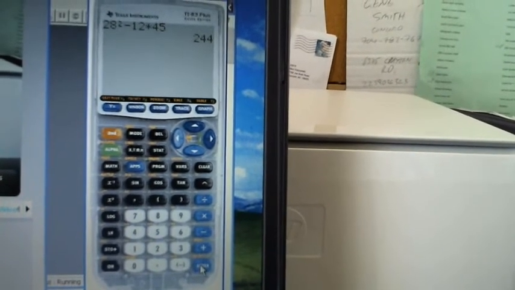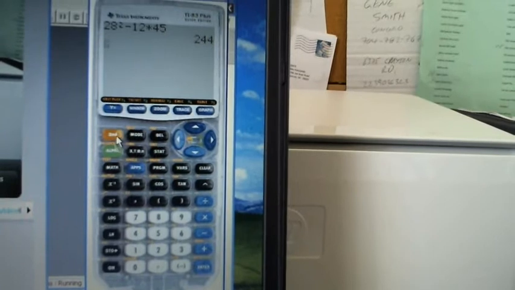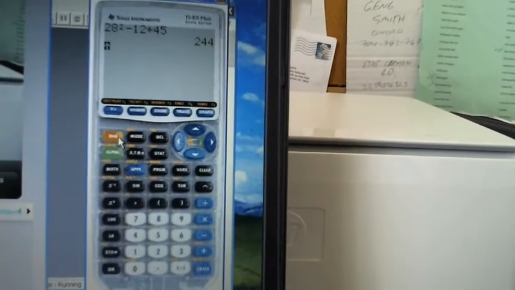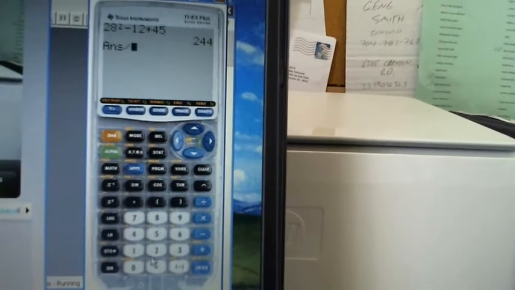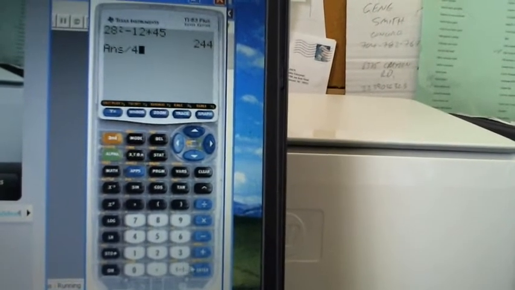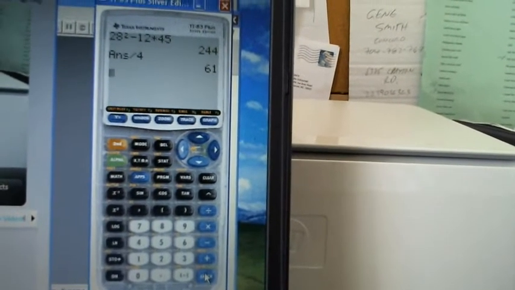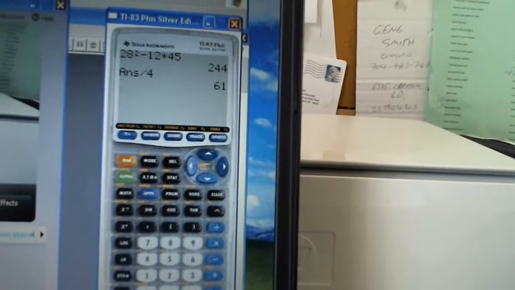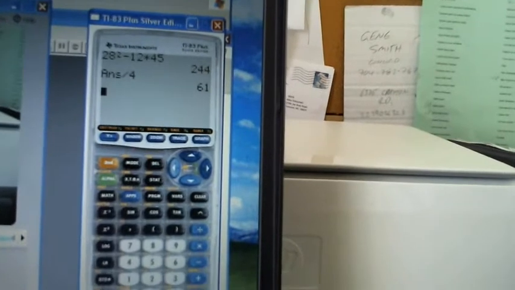That'll be 244. And 244 divided by 4 is 61. Nothing happy. Okay.